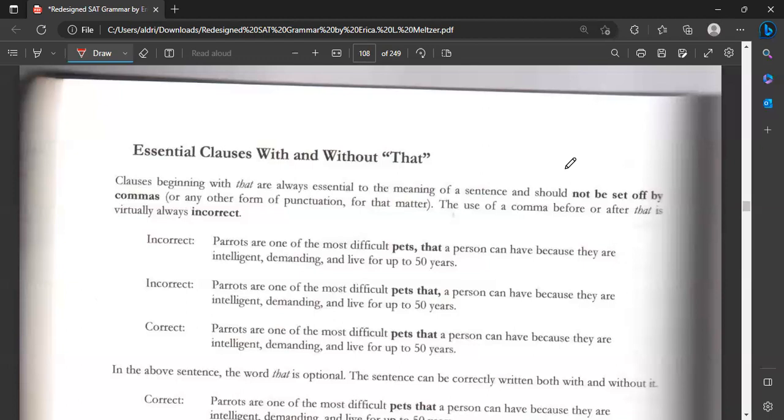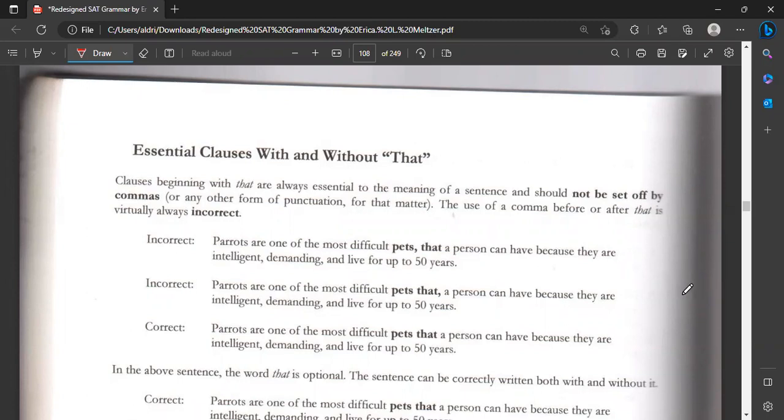So the word "that" should not be set off by commas. Just like prepositions usually do not follow commas unless that comma is being used for a non-essential clause, it's similar with the word "that." The word "that" usually is essential to the actual meaning.